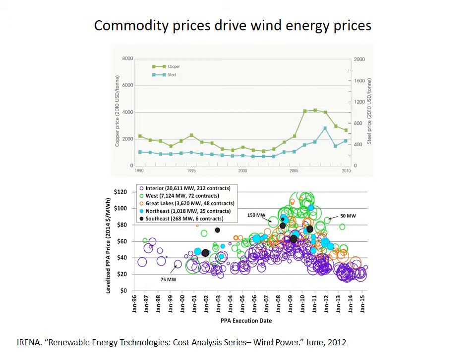And you can see that the contract price, the dollar per megawatt hour price that wind developers needed in order to incentivize development increases around 2009, 2010, 2011, and that corresponds directly with increases in commodity prices, copper and steel.